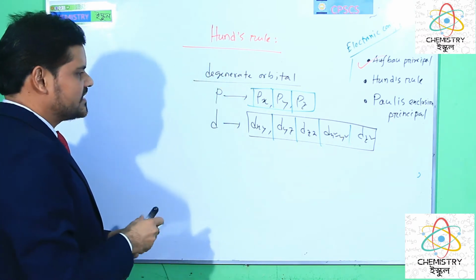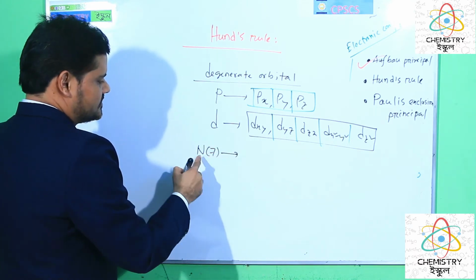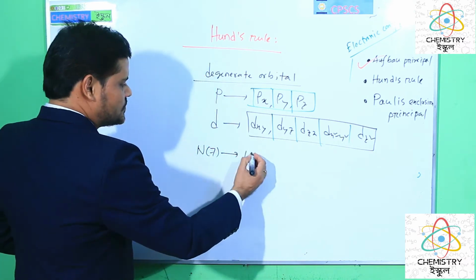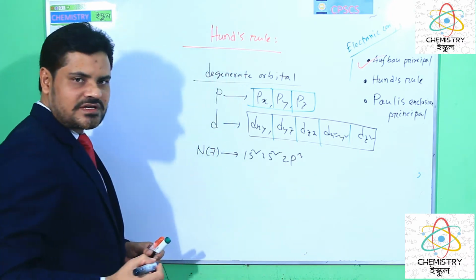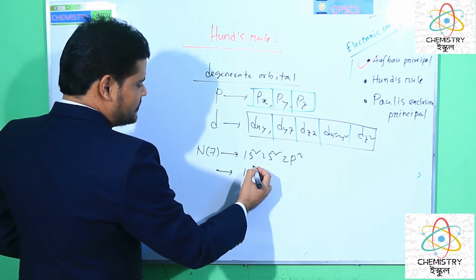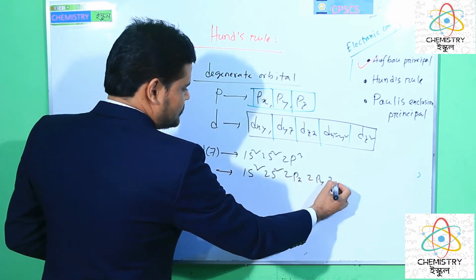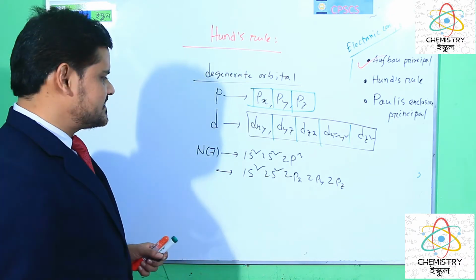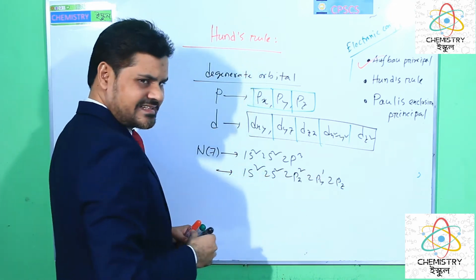Look at this. With an example, we can easily clear it. For nitrogen, atomic number 7, we can configure 1s2, 2s2, and 2p3. But we can configure this electronic configuration like this: 2s2, 2px, 2py, and 2pz, with the electrons arranged like this.